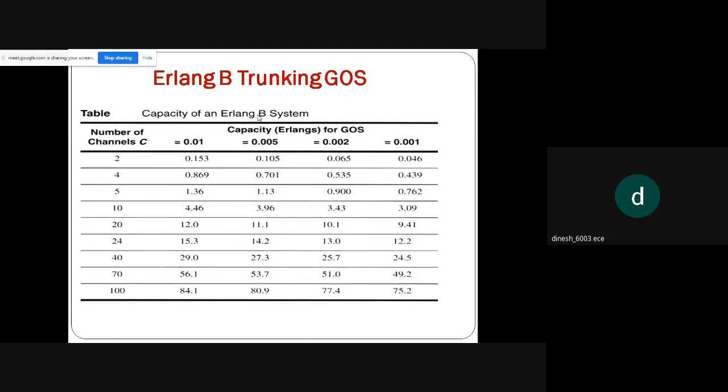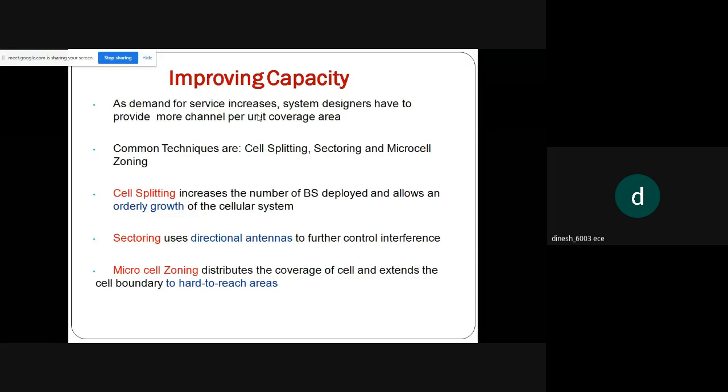Okay. Next is improving capacity. As the demand for services increases, system designers have to provide more channels per unit coverage area. Why? Because every day the number of users is not the same; it is increasing.